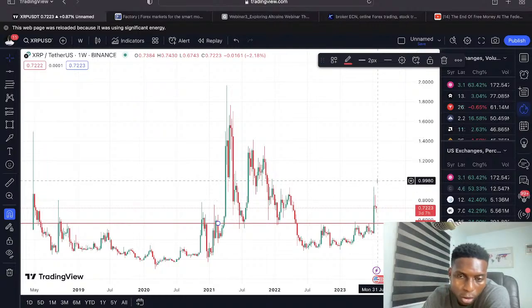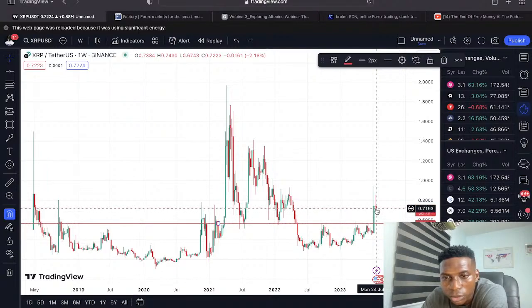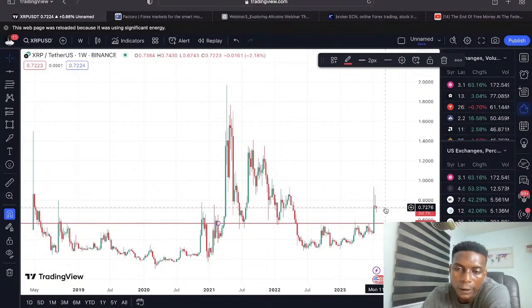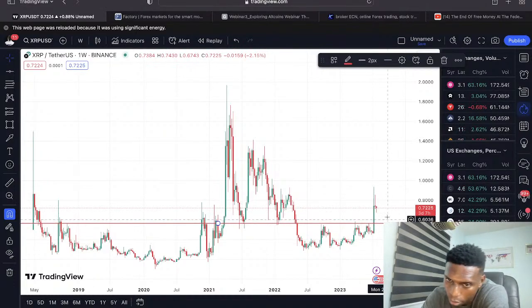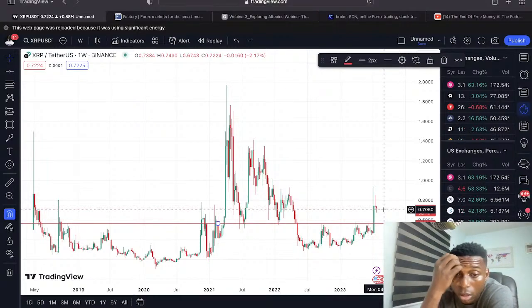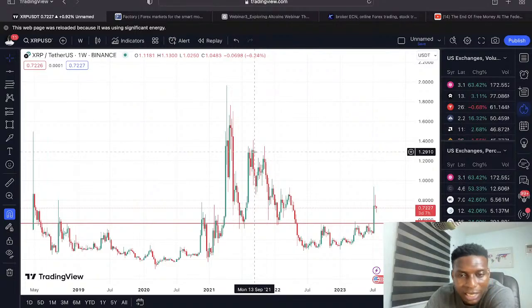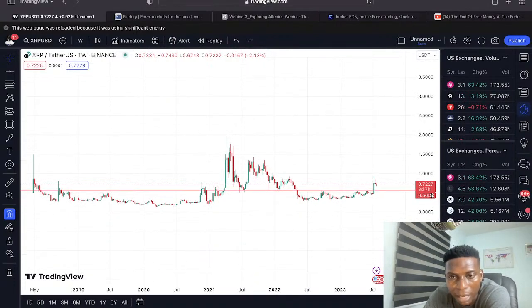The market jumped up. So those who have been buying XRP at this level, from here to here, they've made big returns on this single move. So that's what we are talking about. You also have to look at technical analysis in the market.